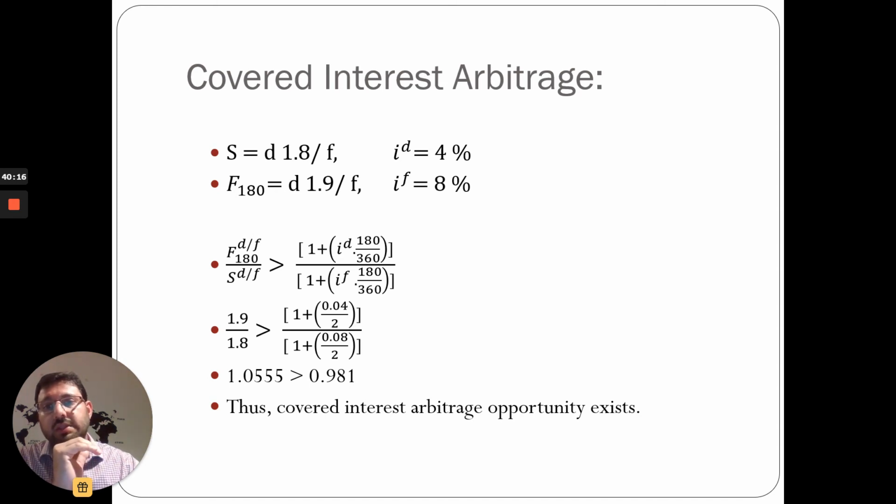So if the worth of F currency depreciates, meaning the number is less than 1.9, so you need fewer domestic units in order to buy 1 unit of F currency. What will happen? Just think over here, pause, and give me the answer.